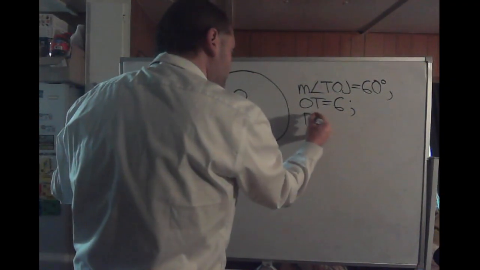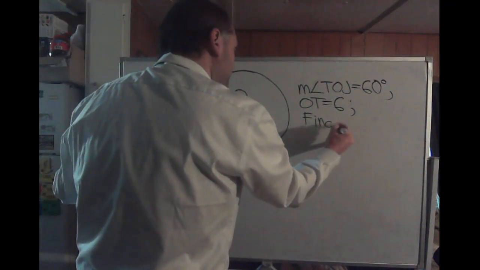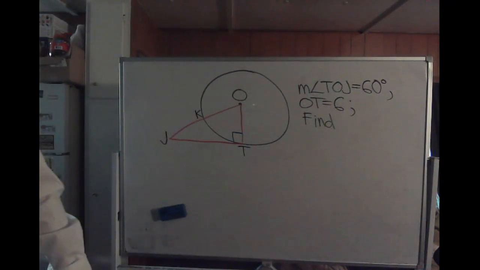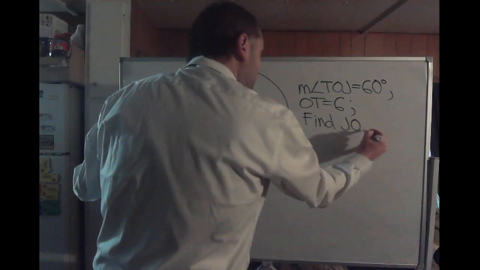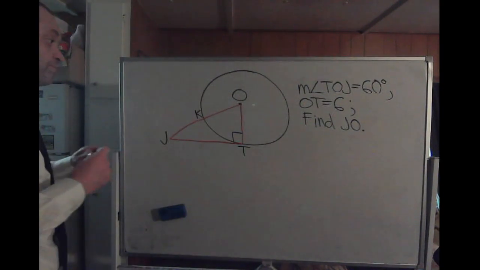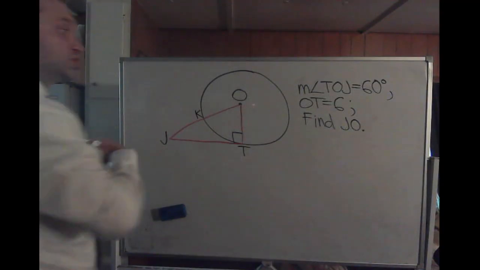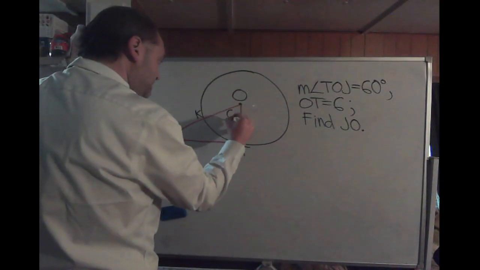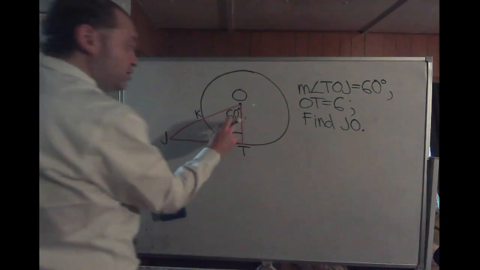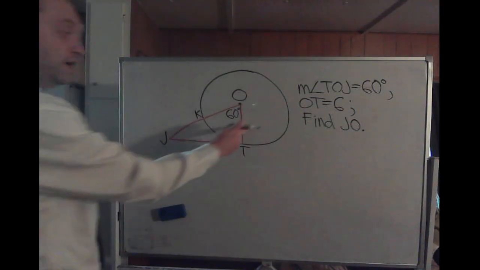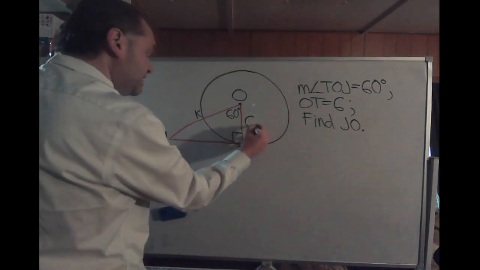What do they want you to find? They want you to find JO. Alright, so angle TOJ here is equal to 60 degrees. So we have a 60 degree angle right here. The radius OT is equal to 6.